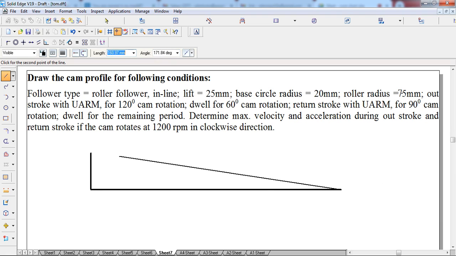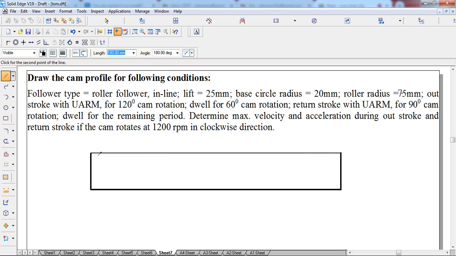So the scale I have taken is 2 degree equal to 1 mm. You can take your convenient scale, but preferably this will be better. So write your scale also, otherwise you will again ask what I have taken.